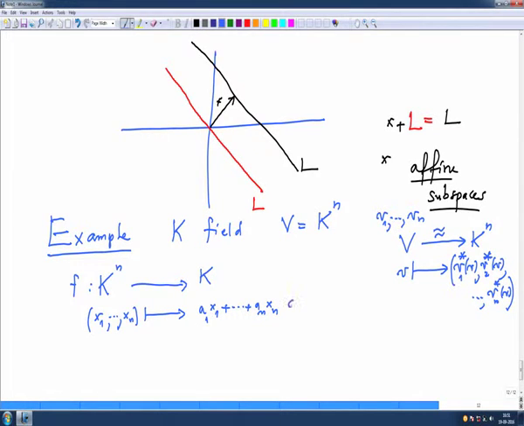This is clearly an element in K because these are coordinates, elements in K, and this sum is in K. And it is surjective, because if I want to get 1 in the image, what do I do? I just take, for a fixed a1 to an, f of ei is ai. This is true for i equal to 1 to n.